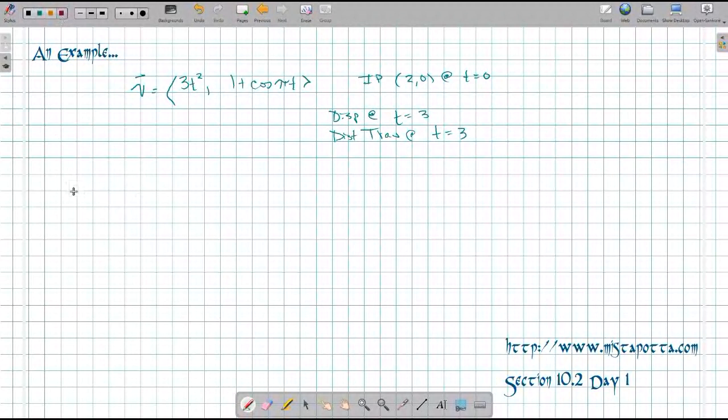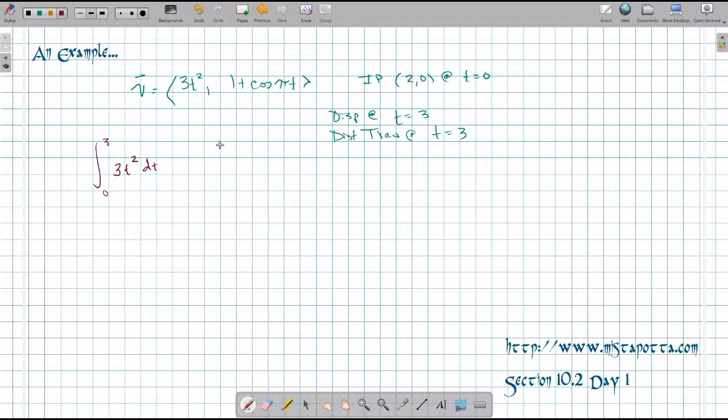I can do both of these using the formulas that we talked about on the previous page. So to find the position, I'm going to want to find the integral from 0 to 3 of 3t squared. And that's going to involve my horizontal position.